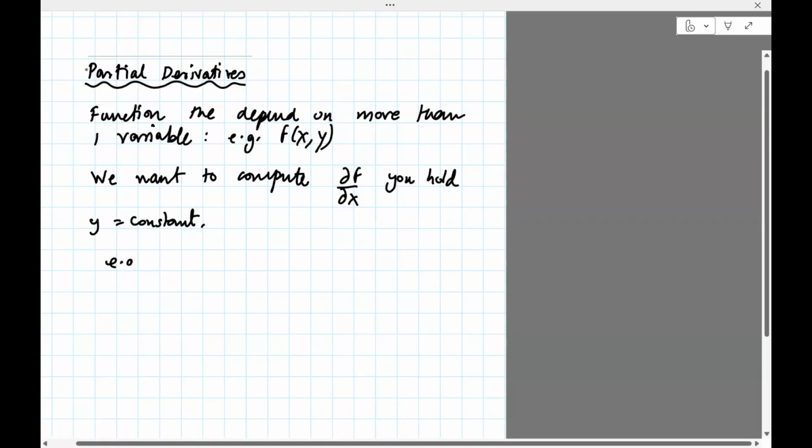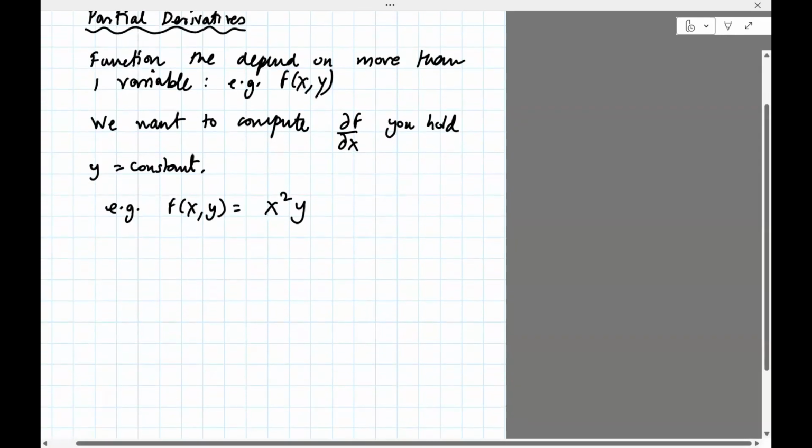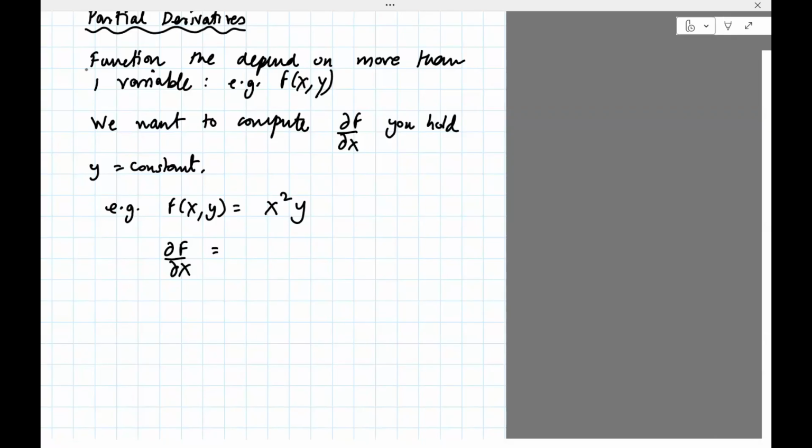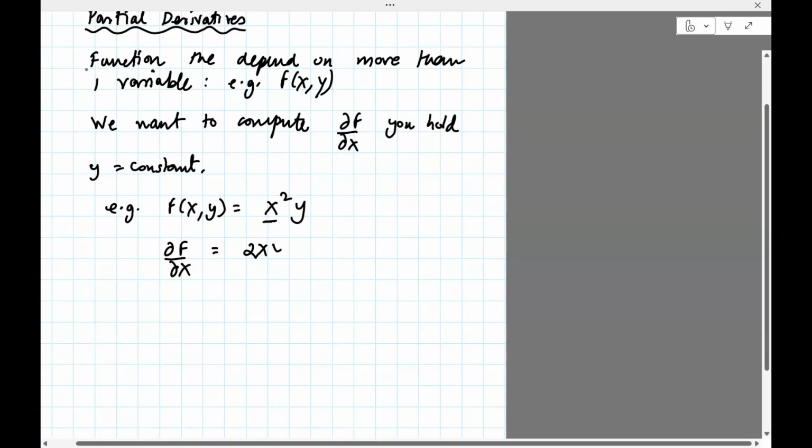Just to give you an example, if f of x comma y is x squared times y, and you're told to compute the partial derivative of f with respect to x, the rule is that you hold y constant. You treat it like a number. When it's a number, you don't really take its derivative. So here you need to take the derivative of x squared, which is 2x, and y is a constant, so it's 2xy.